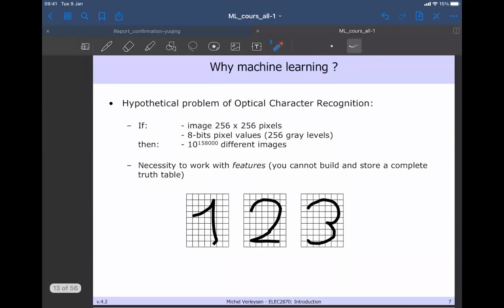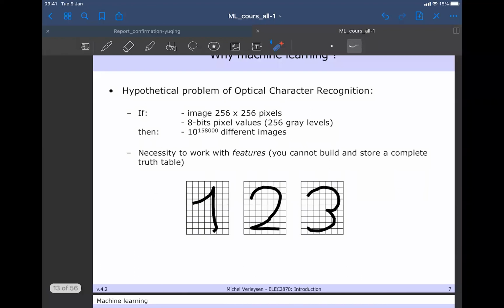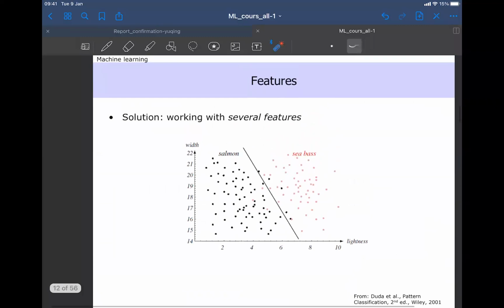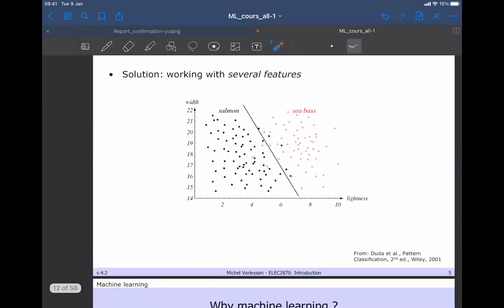Now, why do we really need machine learning? You could say, I don't want to learn, I know that a sea bass is wider, and you can easily make a rule that if this is the length, this is the type.